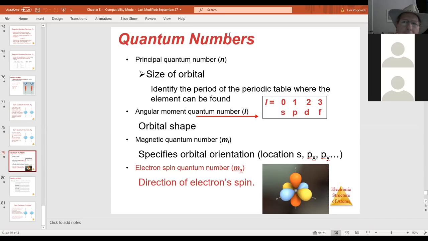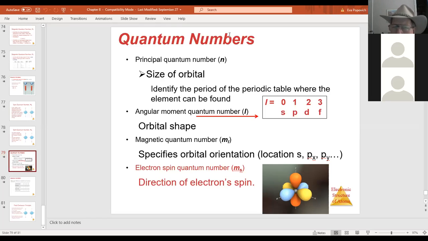If n is 3, L can be 2, 1, or 0. And with L, 0 means we're dealing with the s orbital, 1 with the p, 2 with the d, 3 with the f. So L deals with the orbital shape.